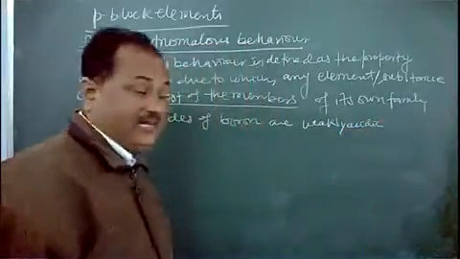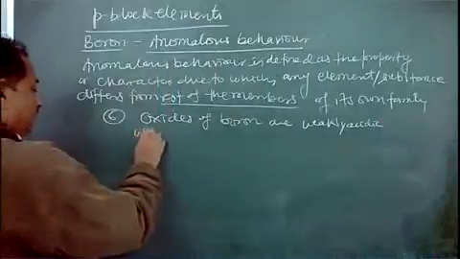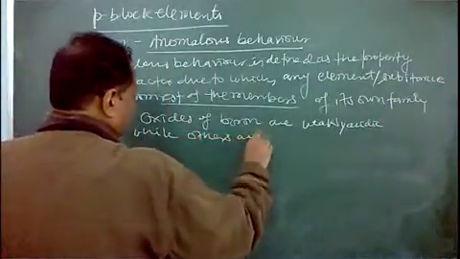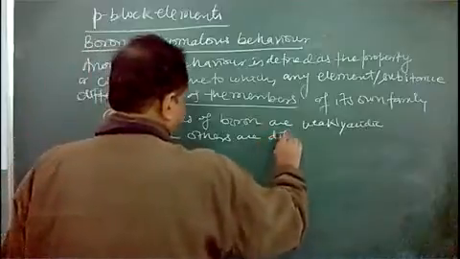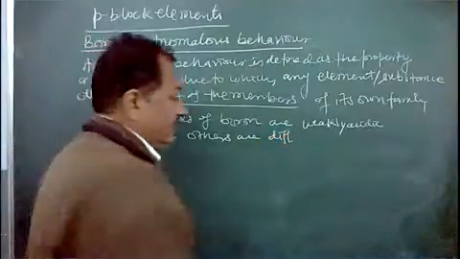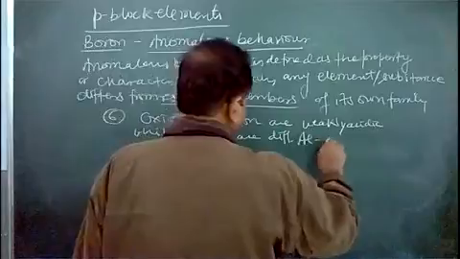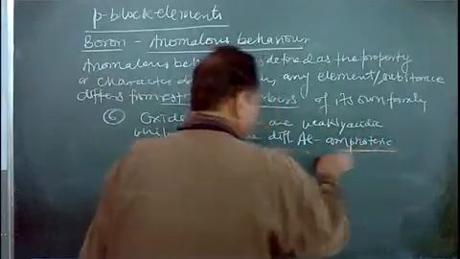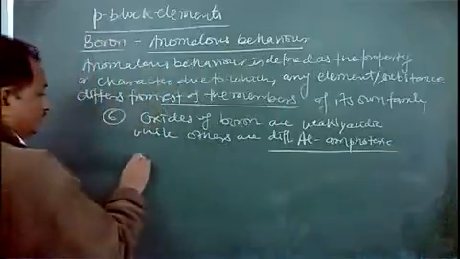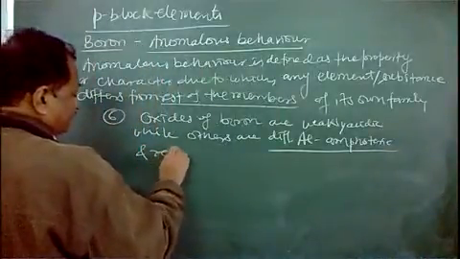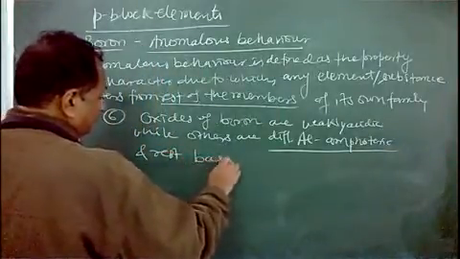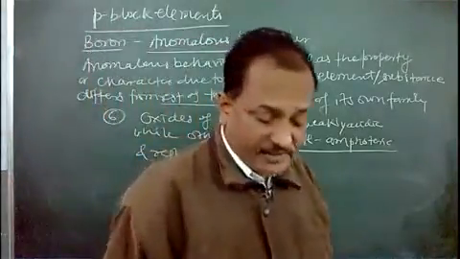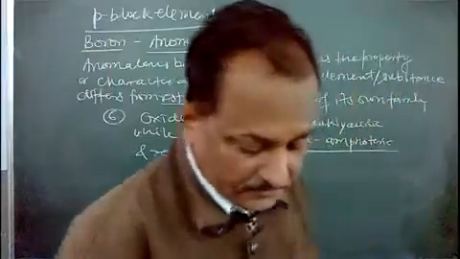Oxides of boron are weakly acidic, while others are different. Like aluminium, which is amphoteric, and the rest are basic in nature.